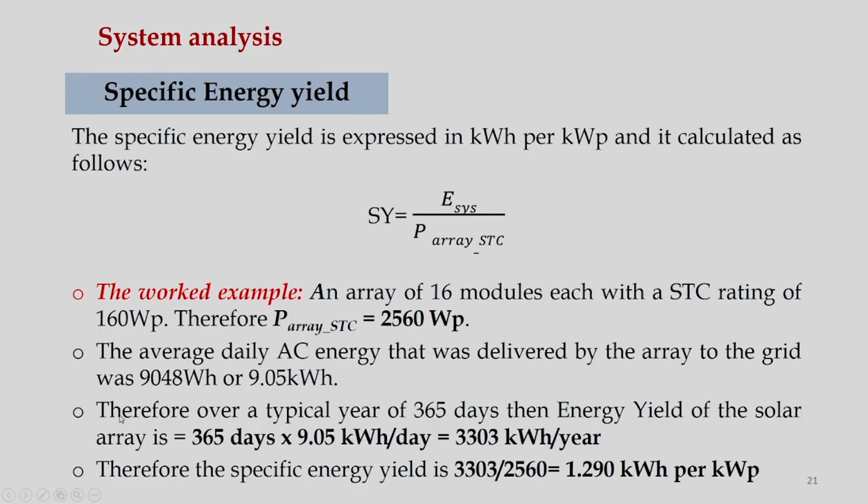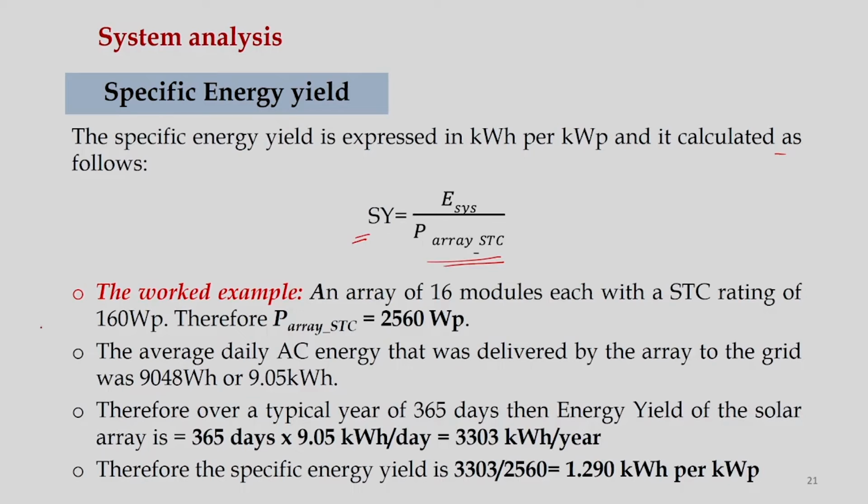Now, we will calculate what is specific energy yield. This specific energy yield is expressed in kilowatt hour per kilowatt peak and is calculated as follows. This SY is nothing but E system, that is yearly, divided by P array under standard test condition.